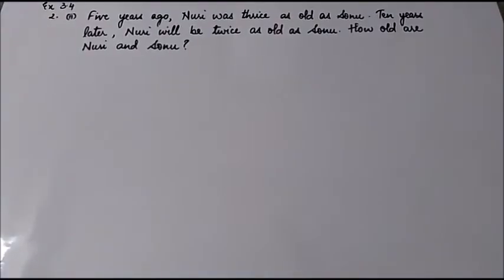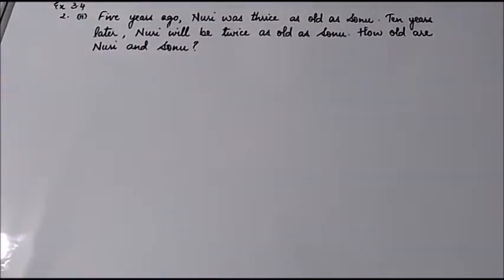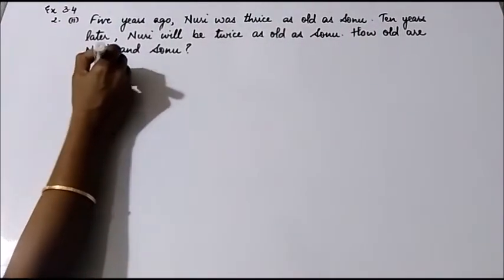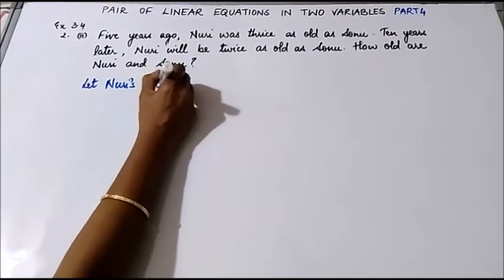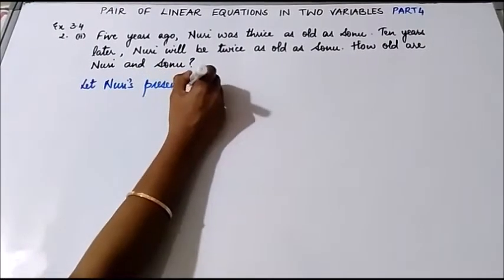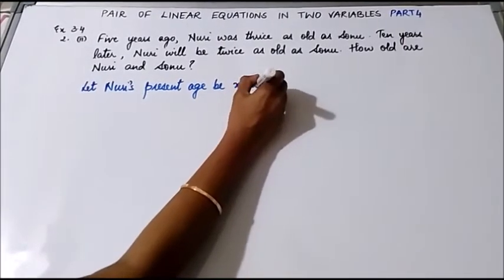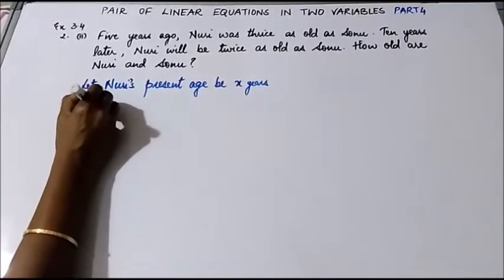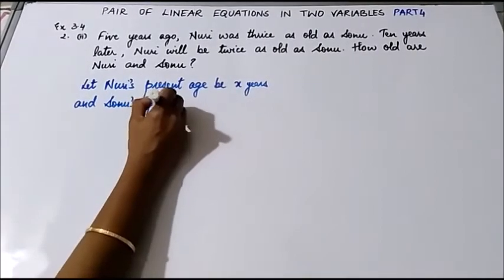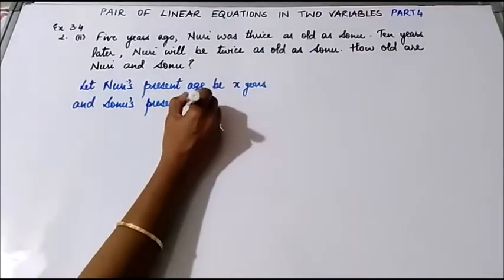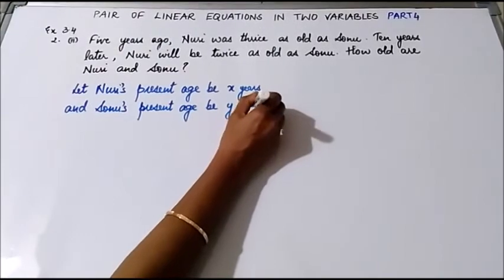The second question, we have to find Nuri and Sonu's ages. So first let us write, let Nuri's present age be x years and Sonu's present age be y years.